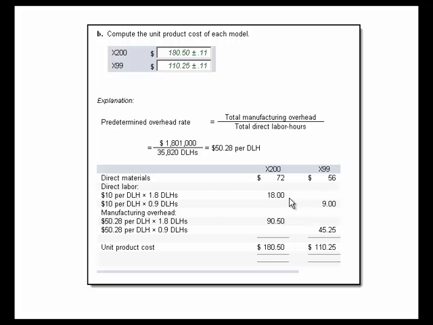And they told us that at $10 average wage rate, it takes 1.8 direct labor hours for the X200, and it takes 0.9 for the X99, so that's $18 and $9. And then the manufacturing overhead, we use that 50.28 times 1.8 and times 0.9 respectively. Sum the totals, we come up with the unit product costs.